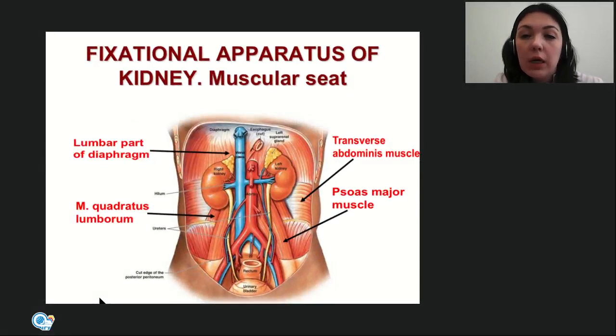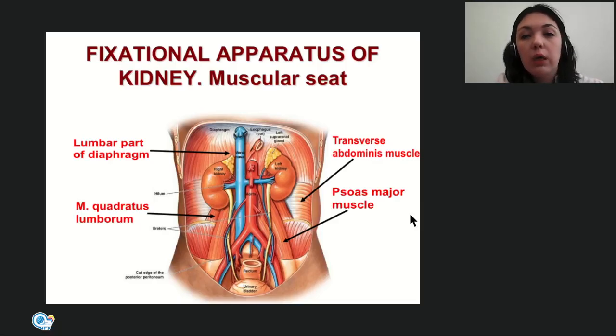When we discussed digestive organs, we said that their relation to the peritoneum is different. When organs are located intraperitoneally, they are fixed to the posterior abdominal wall by mesentery or mesocolon.